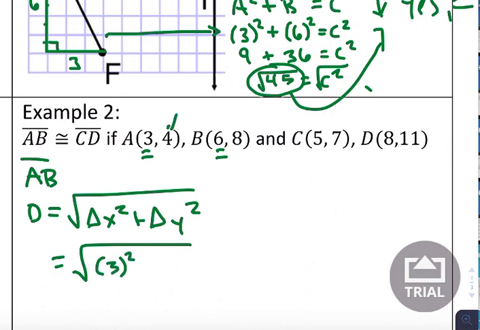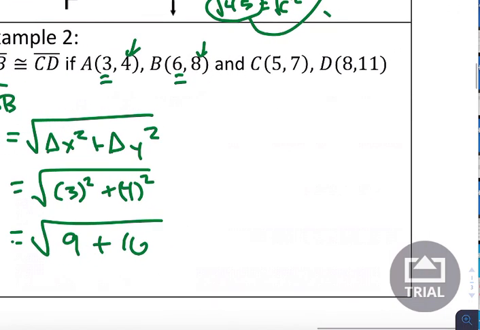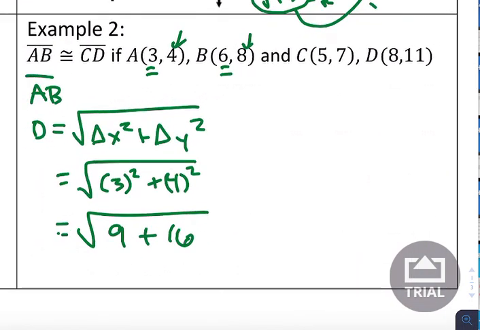And then change in y goes from 4 to 8, and so that's going to be 4 squared. Okay, so carrying the calculation out, we have 9 plus 16. 9 plus 16 make 25. And so we have the square root of 25. That's actually a perfect square, so it'll end up being a distance of 5.